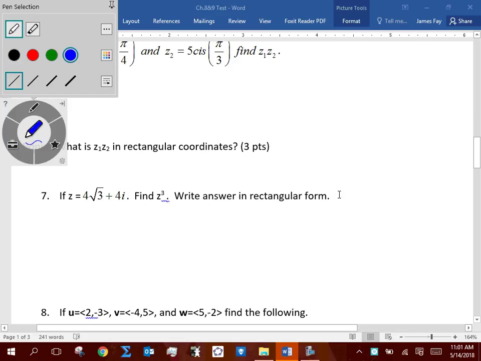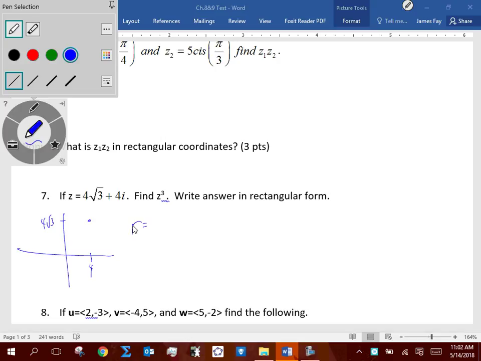This one here is De Moivre's theorem, so again, a picture here is going to be useful. 4 radical 3 plus 4i, so that's going to be maybe a point here where that's 4, and this is 4√3. So I'm trying to cube that. Hopefully you realize then this is going to be a pretty large set of values. But to find r, we need to take 4 radical 3, we square that, and 4, and we square that.